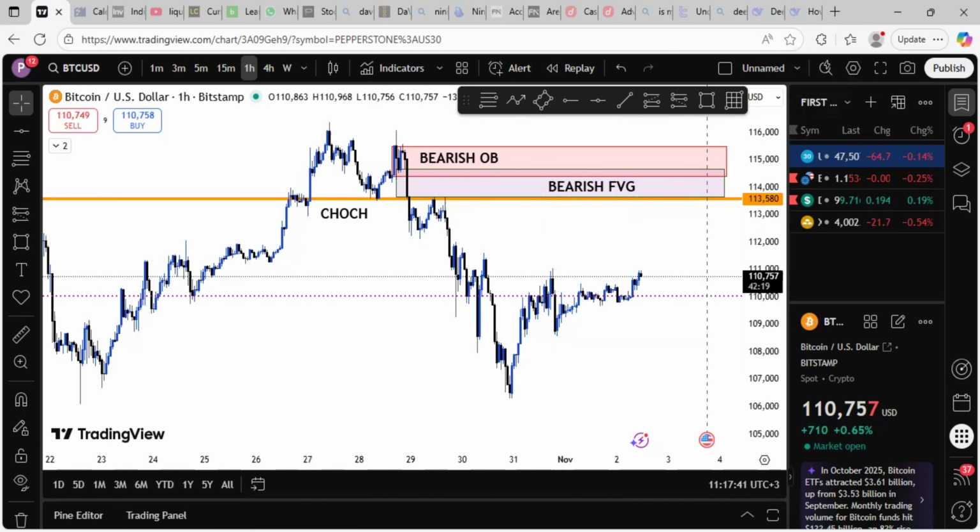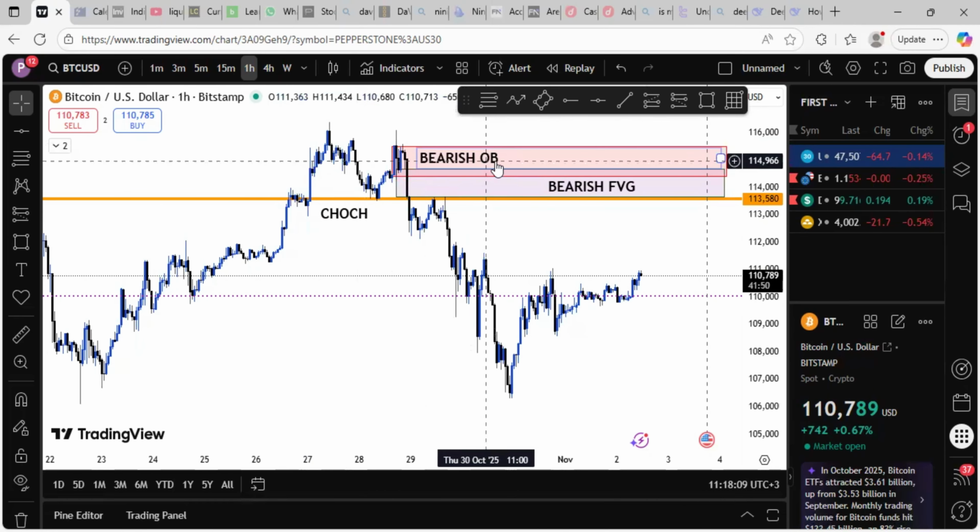We will just wait for the price either to reject inside the fair value gap or outside this fair value gap. Now you see the price is rejecting this fair value gap. So that's where we are going to be looking for the entries. How many confluences do we have?